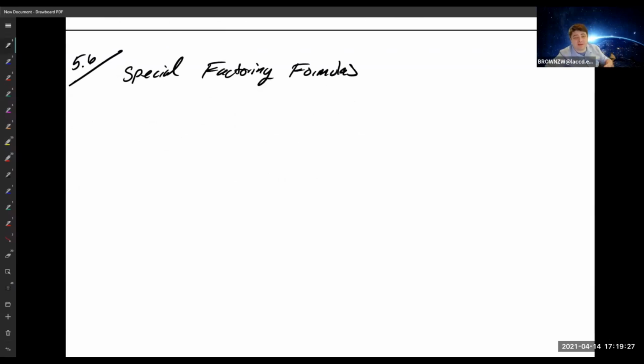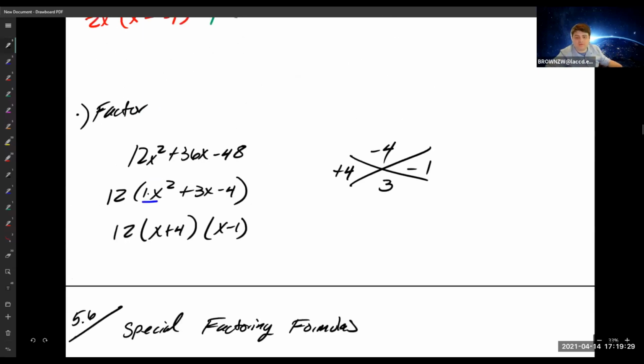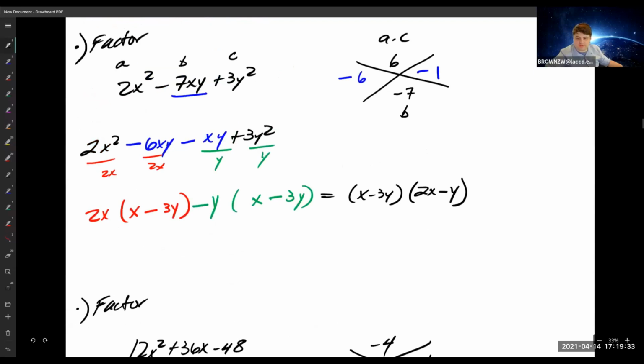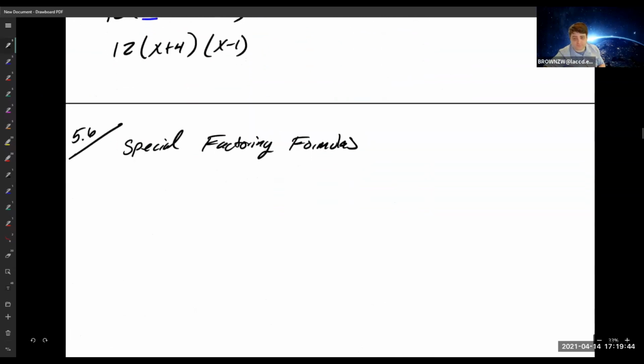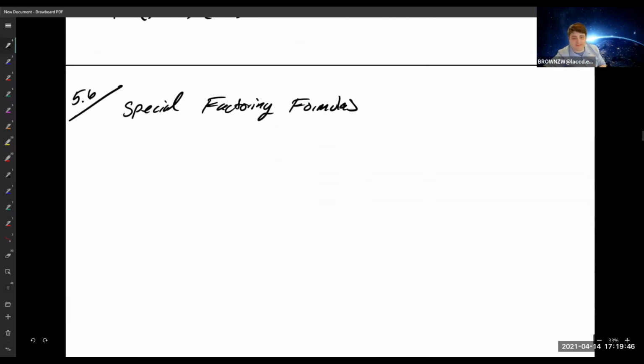They're not necessarily mandatory. Just about everything we do in this section can eventually go back to this diamond method. But if you can recognize that you have a specific type of problem, you can bypass some of that work and save yourself a little bit of time.